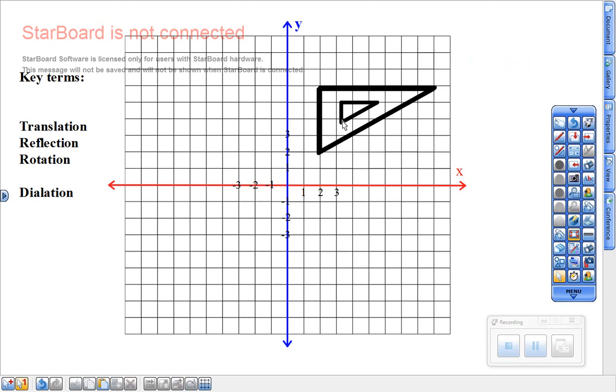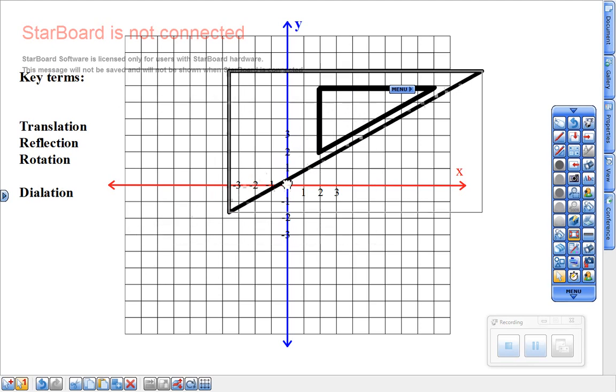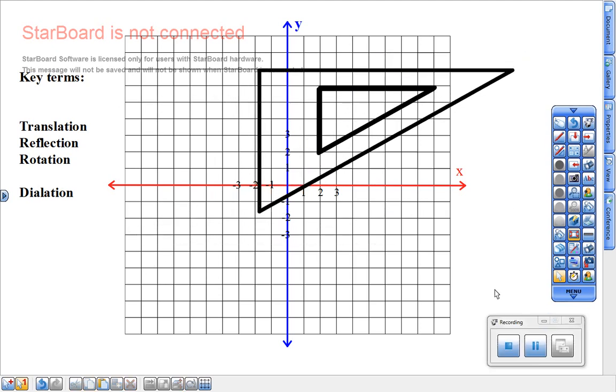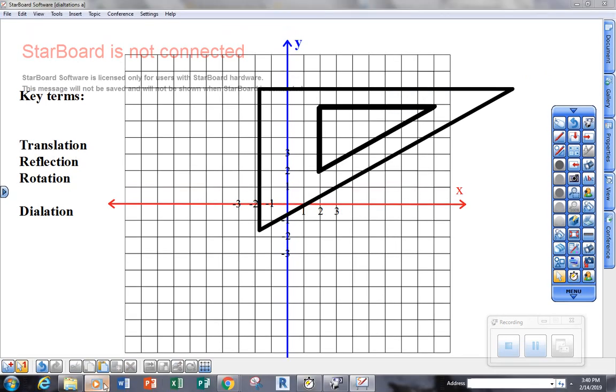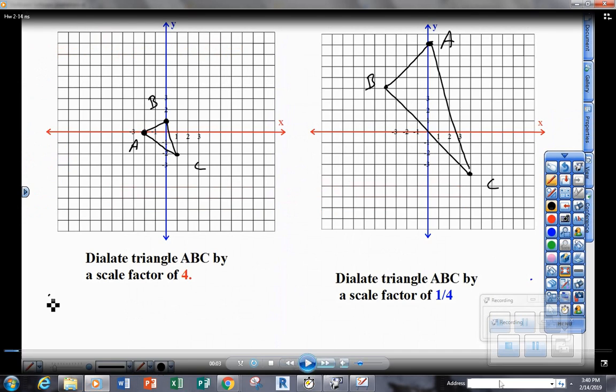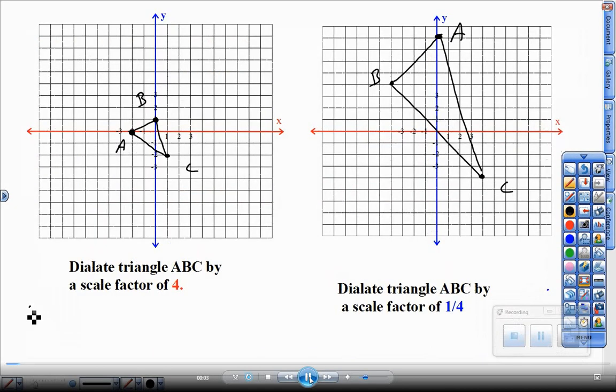When I shrink it down from the original, it's called reduction. When I make it bigger, it's called an expansion. So those are my dilation types. The first word is dog. Dog. For the problems, I'd like you to look at these and write these down.